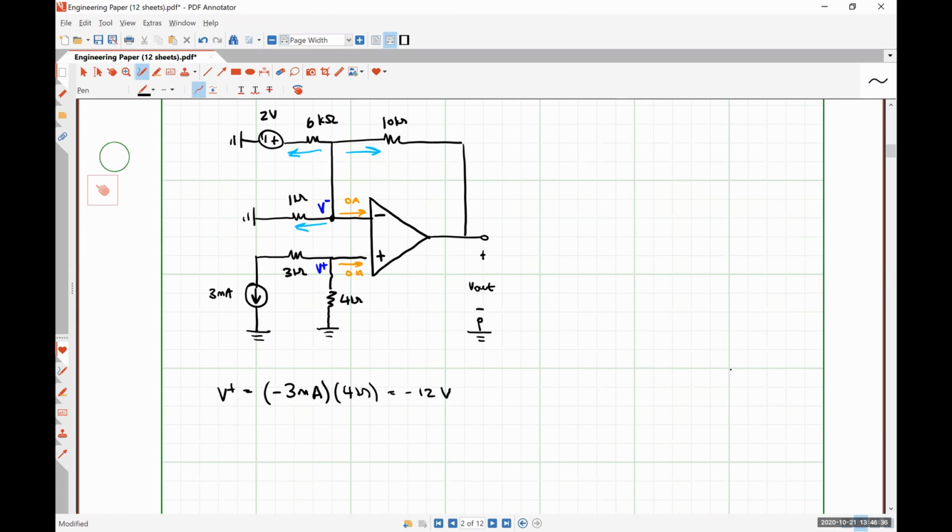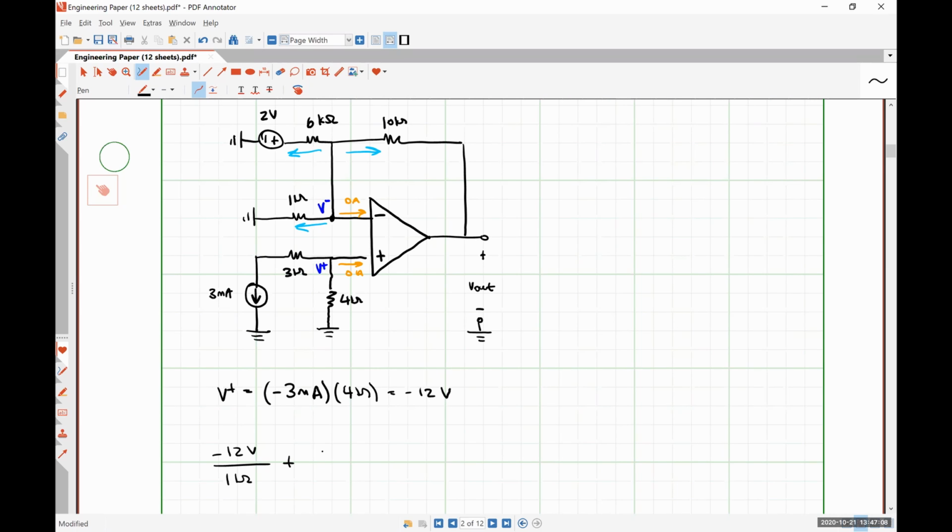So what's the current flowing through the 1 kilo ohm resistor to the left going to be? Negative 12 volts over 1 kilo ohm. Okay. What's the current flowing to the left through the 6 kilo ohm resistor going to be? So it's not going to be negative 12 because there's that other voltage source there on the left-hand side, right?